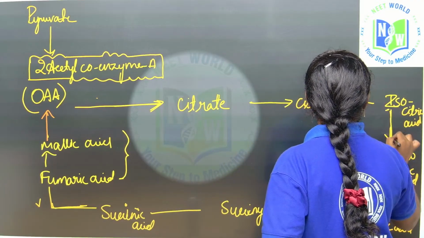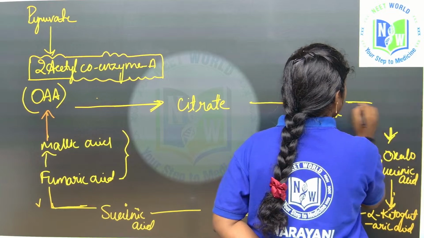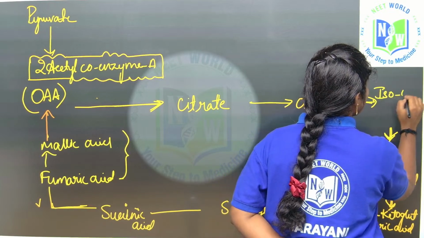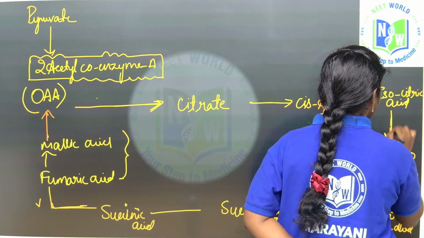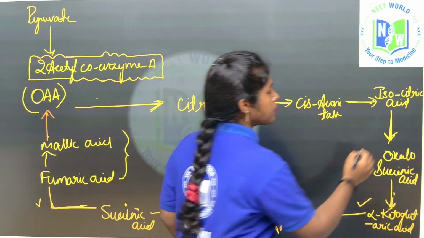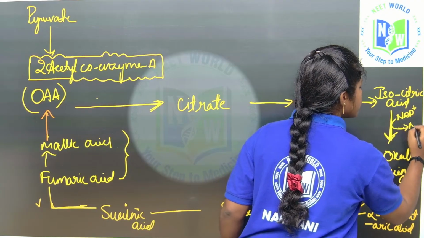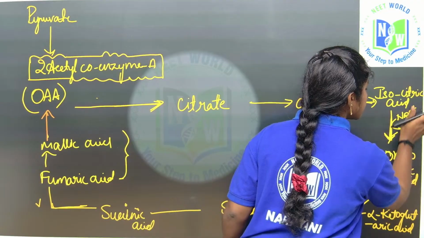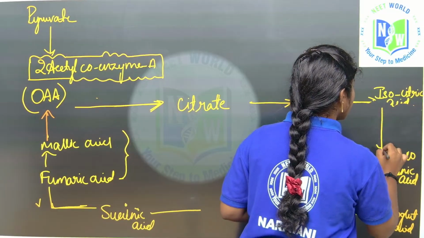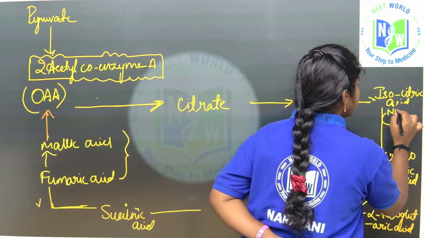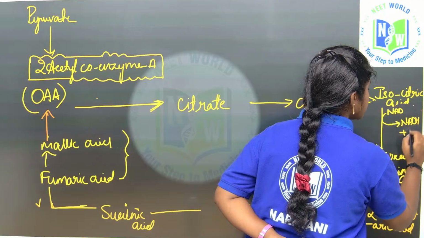First we will start with isocitric acid, where there is production of reducing equivalents. Reducing equivalent means NAD plus is reduced to NADH plus H plus.